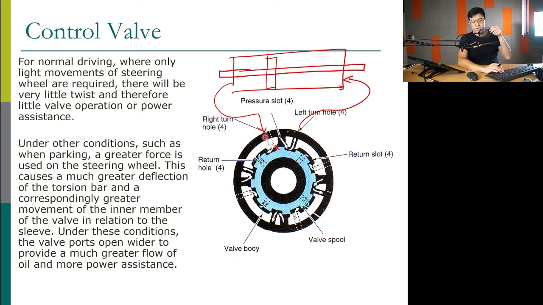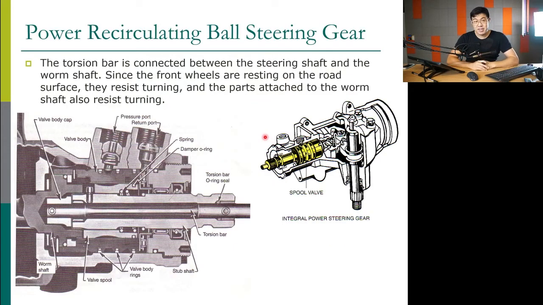Okay, for recirculating ball, or for the steering gear, we also have a cylinder. And the cylinder is inside the steering gear. Okay, let's talk about that. Now remember, for the recirculating ball steering gear, we have this kind of gearbox.